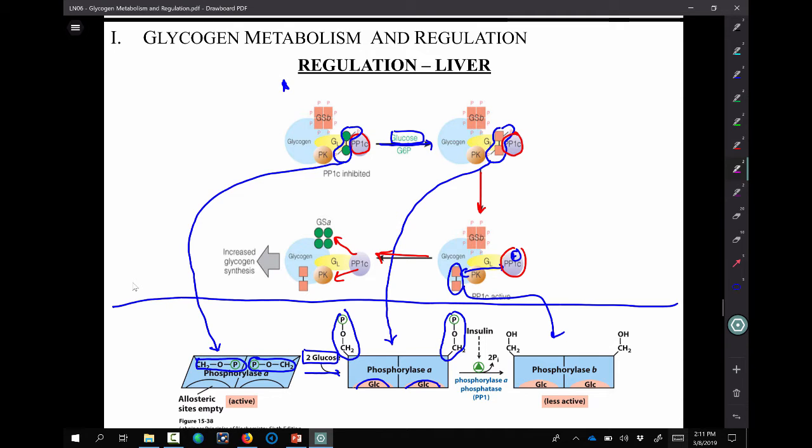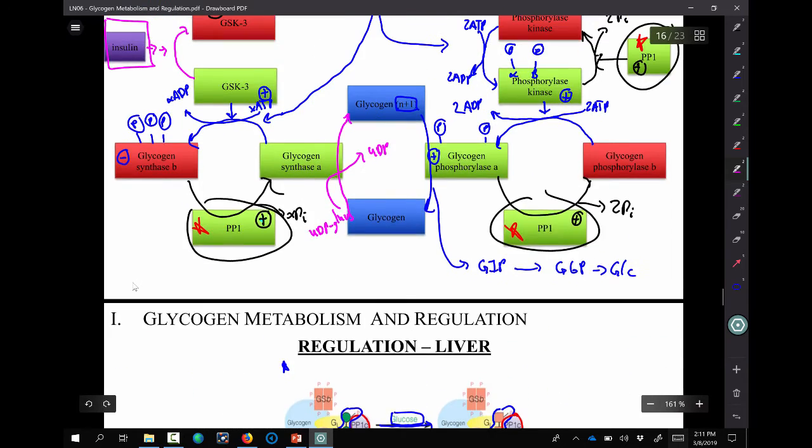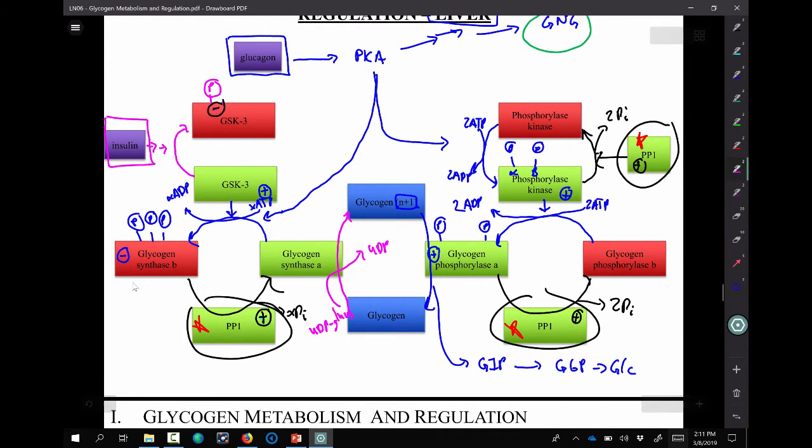Okay, yeah, so the question is this, coming back to this. What about this? I'm glad you asked that because I was going to talk about that next. Glycogen synthase kinase, what activates that? So here's what's fun about glycogen synthase kinase. At one point in time, we thought the glycogen synthase kinase had really one target, and that was glycogen synthase.